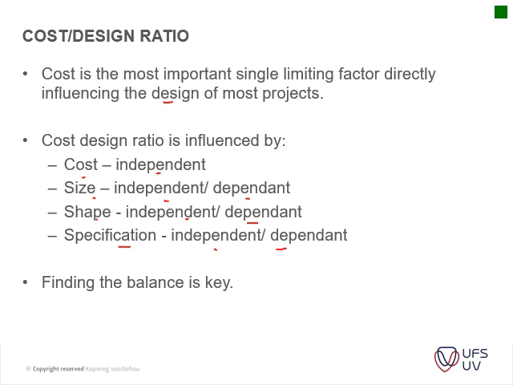So there's a big ratio between that, although it leans towards being mostly dependent on how much funds are available. But if you play around with the size, the shape, and the specifications, you can usually find a middle ground, and this is where the cost engineers or the QSs come into their own, with feedback on what options would be best. So the main thing, like I said, is finding the balance.